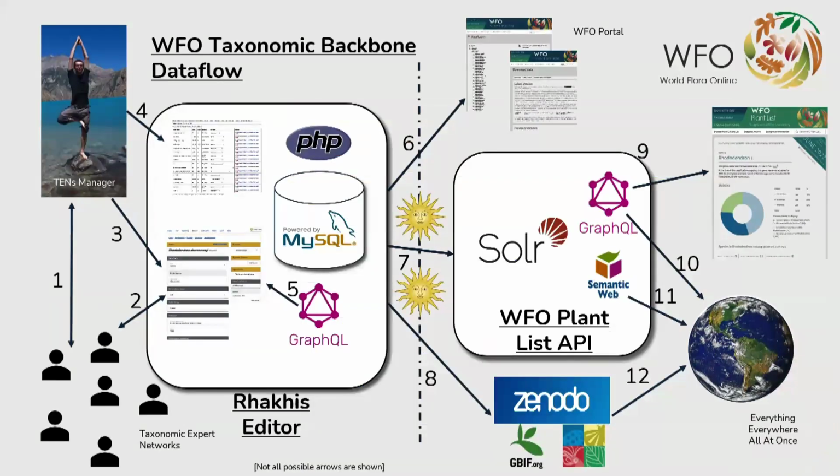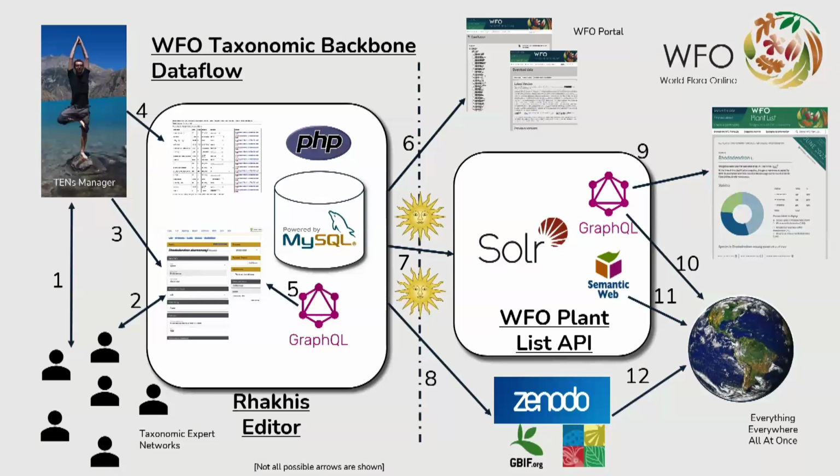So, putting it all together, the TEN manager and the TENs are continually updating the taxonomic backbone in Markus. This backbone is used to attach all of the descriptive content in the WFO portal to create the species pages.